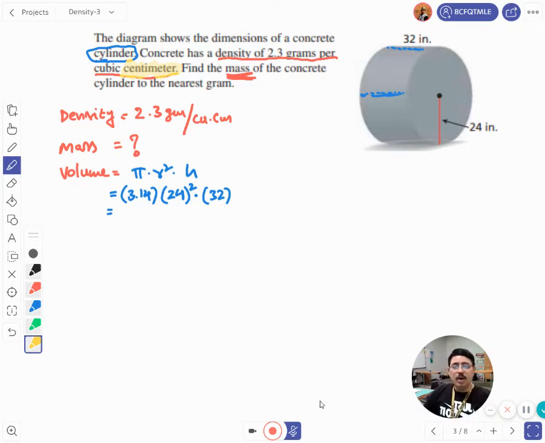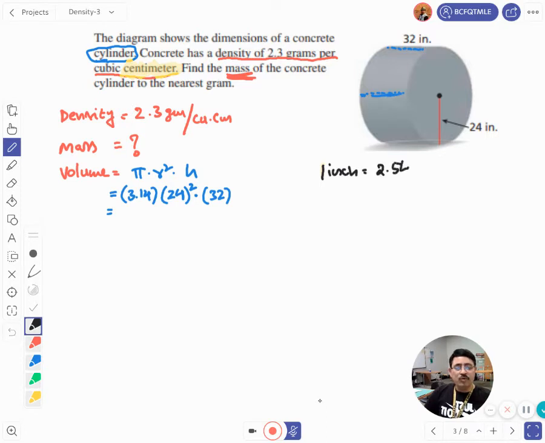Actually, 1 inch equals 2.54 centimeters. Because the given units are in inches, if you compute this way, you'll end up with a wrong answer, because whatever answer you get is in cubic inches.